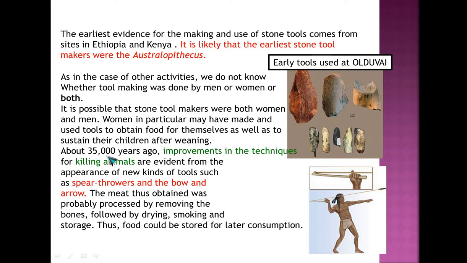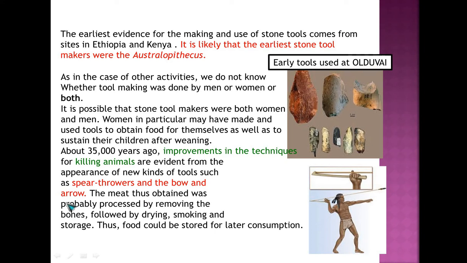And about 35,000 years ago, there was a lot of improvement in the techniques used to kill animals. Initially, it was just scavenging and foraging, but here you can see the kind of artistry and skill they were using. It is quite evident from the appearance of new tools, for example the spear throwers, the bow and arrow. These are some of the things even used by tribals.